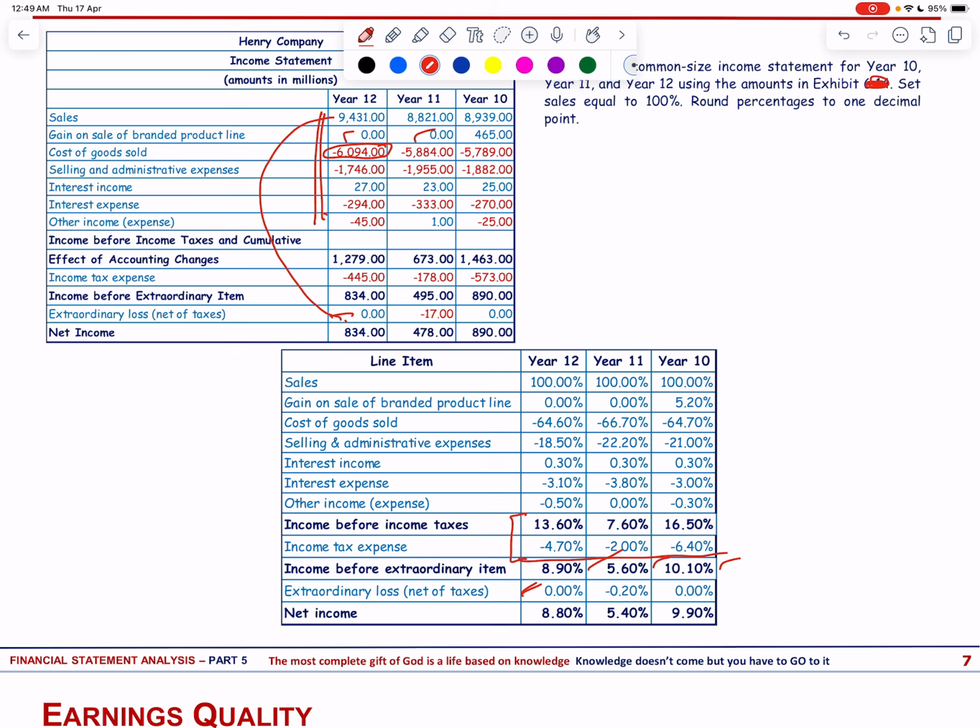Here we have minus 17 divided by the sales 8821, it is minus 0.2, and finally we have simply added up these two values. So that is 8.8%, 5.4, and 9.9. Now minor differences may appear because we may be rounding some of these values, but they will be very close to these numbers that you see on the screen.